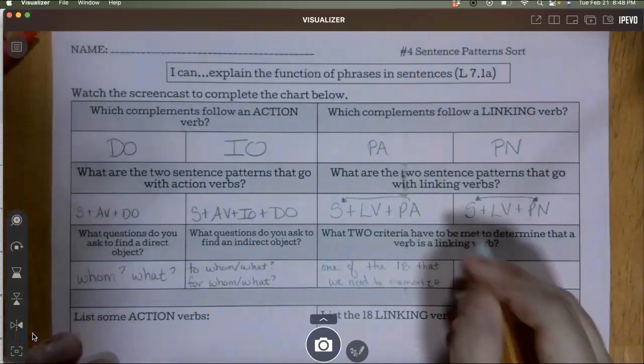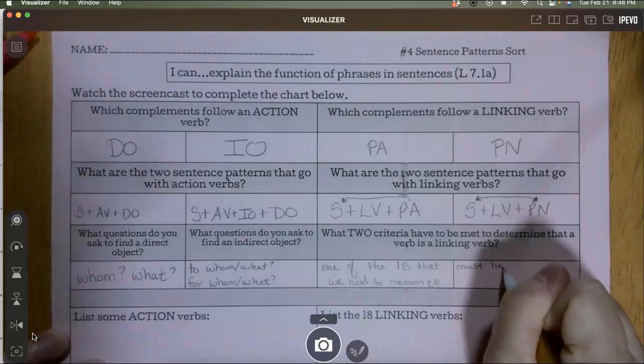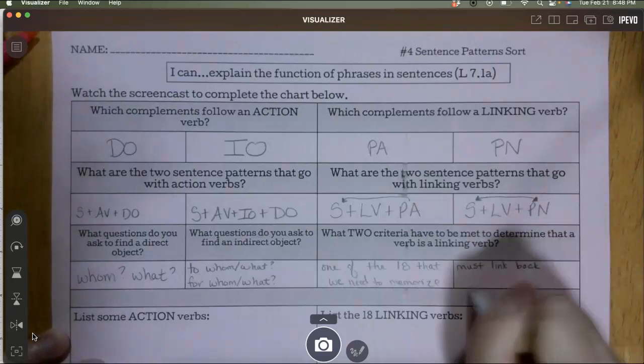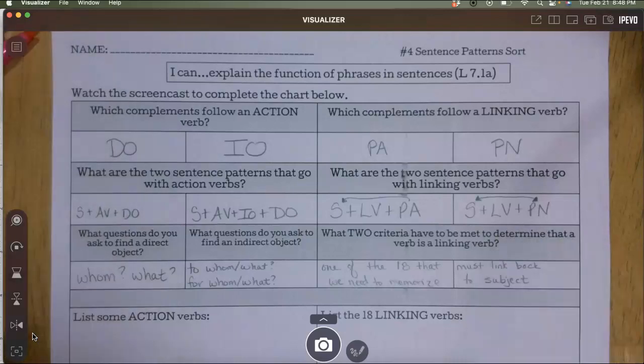And then our second criteria is that it must link back to the subject in some way, either to describe it or to rename it.